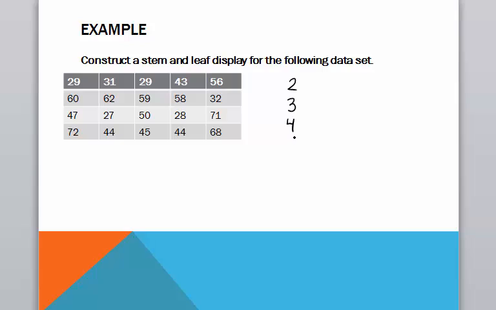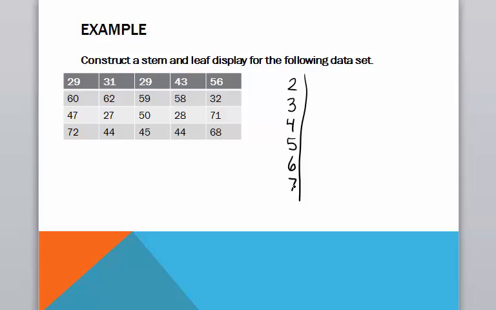For the 50s, those numbers have a stem of 5. For the 60s, we have a 6. And numbers in the 70s will have a 7 as their leading digit. And then we're going to draw a vertical line that's going to separate the stems from the leaves.